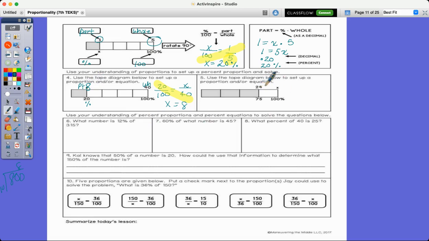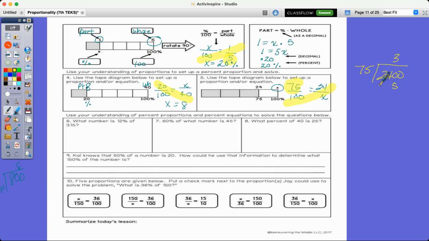Let's try this tape diagram. Okay, remember, this is my part, 24. My whole is X this time. 75 is my percent out of 100. We're going to cross multiply, then divide. Off to the side over here, 24 times 100 is 2,400 divided by 75. 75 goes in here 3 times.